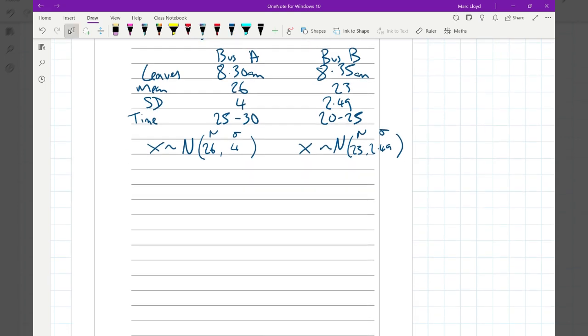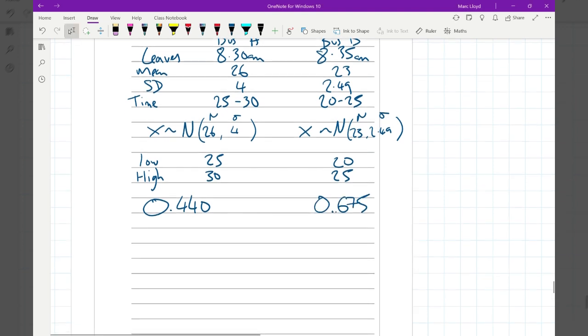We just need to put that in to our calculators with a low value of 25 and a high value of 30, 20 and 25 for the other one. So when you plug in bus A, you're going to get a probability of 0.440 to 3 significant figures. And then when you get bus B plugged in, it's 0.675. Don't forget to change your mean and your standard deviations.